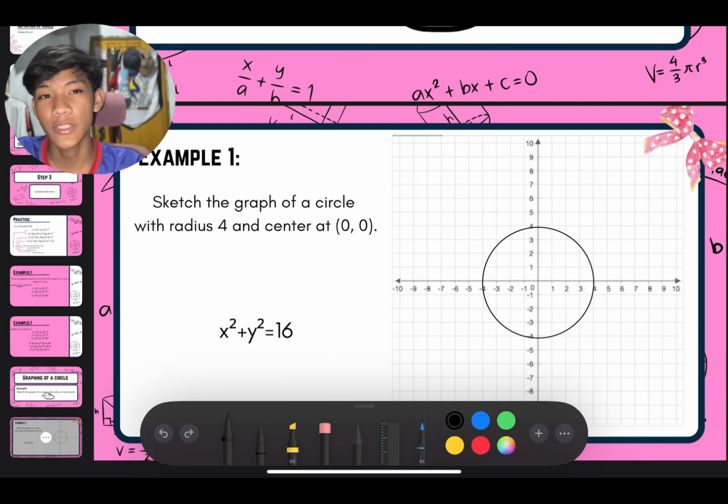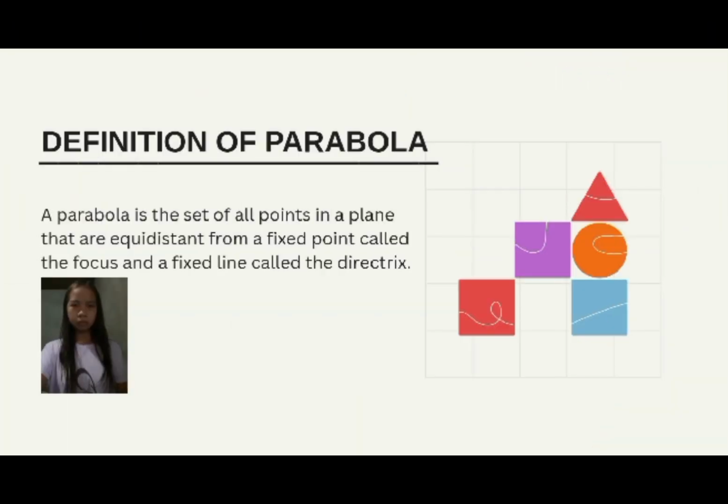Then Miss Krishna is going to show you how to solve the parabola. So let's move on to her. Definition of parabola. A parabola is the set of all points in a plane that are equidistant from a fixed point called the focus and a fixed line called the directrix.